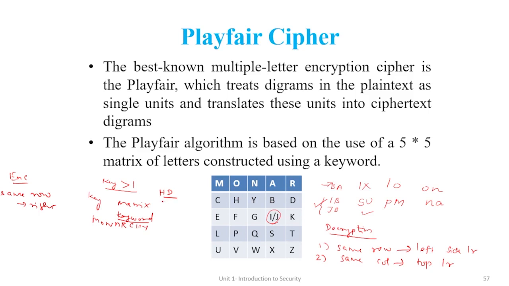H's right side value is Y. And D is the last value, so there is no immediate right side value. In that situation, you write the first letter of the same row. D is the last letter of the second row, so I go to the first letter of the second row. So the answer is YC.